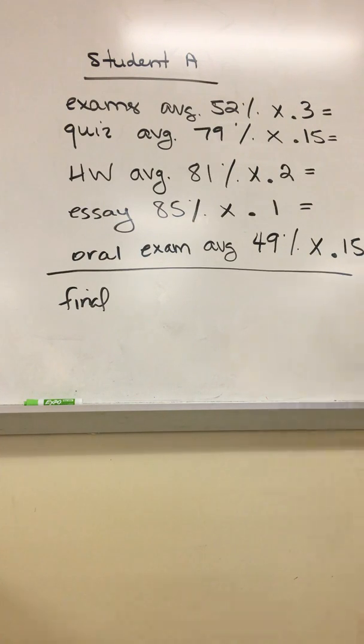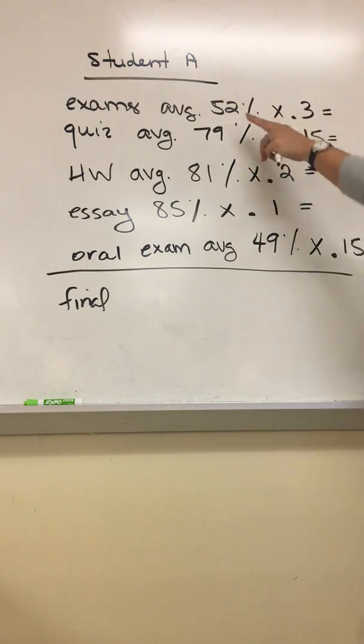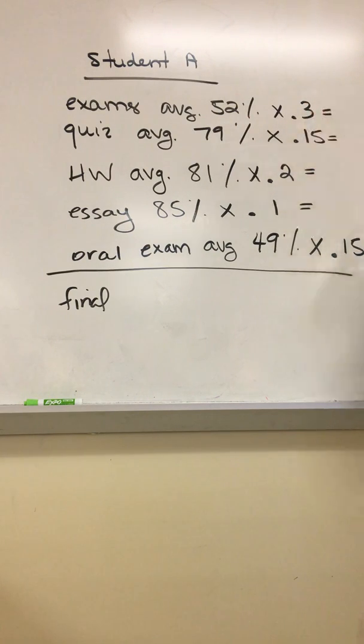So when you multiply 52 times 30%, you need to be able to multiply by percent, you know you have to use that decimal point. So 52 times 30%, you're going to get 15.6. When you multiply the quiz, 79% times 15% of the category, you're going to get 11.9.